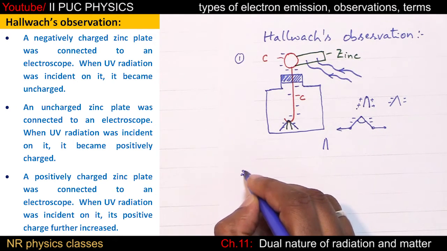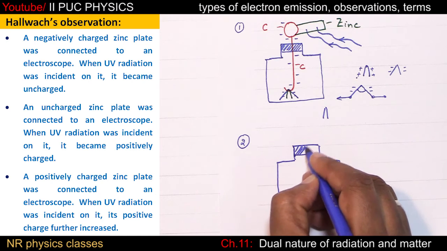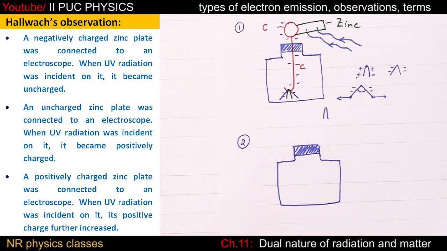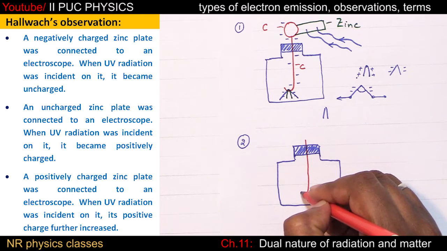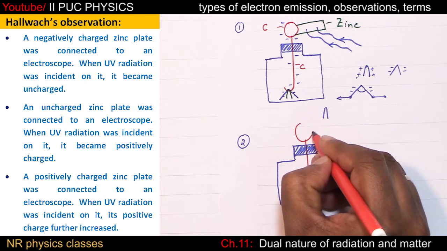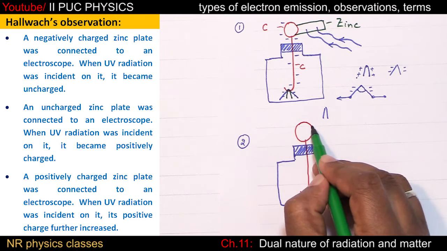Now, second observation. Electroscope, metal, this is the foil, and zinc plate.